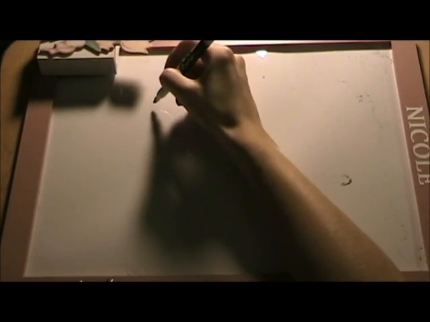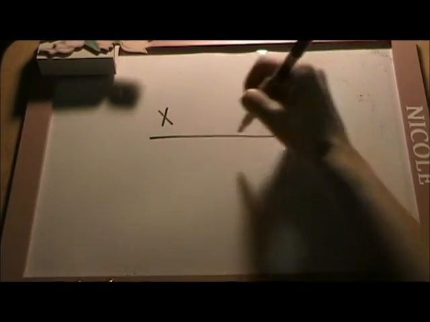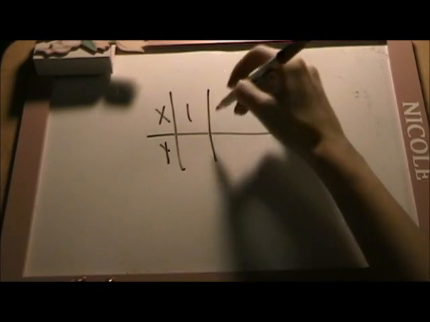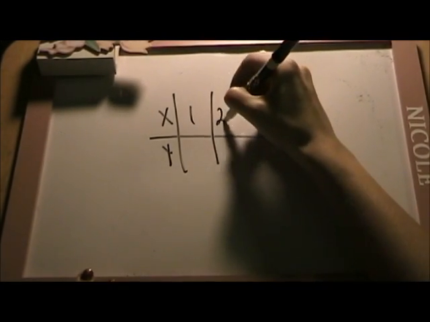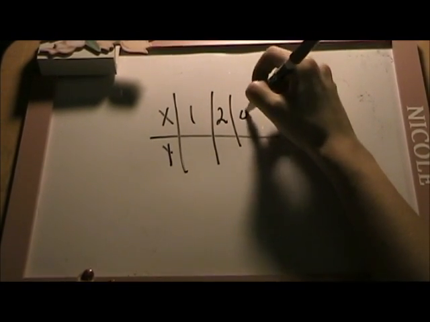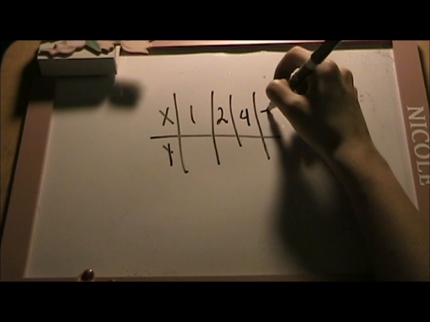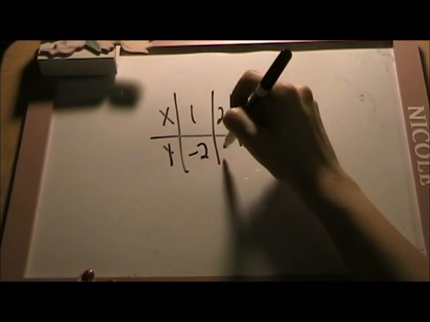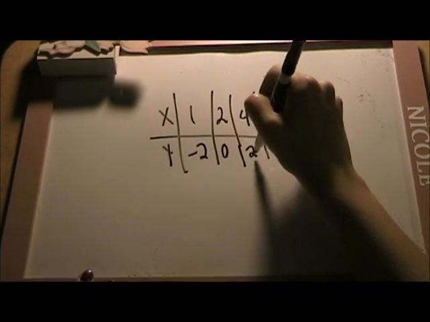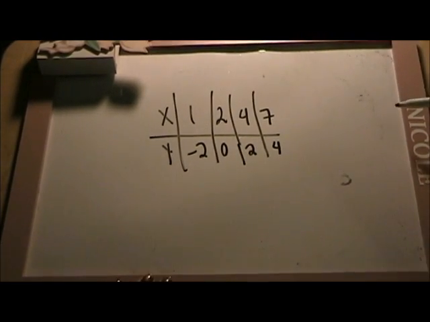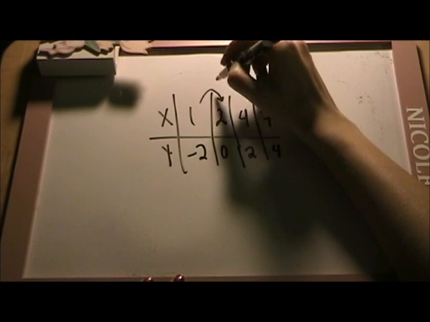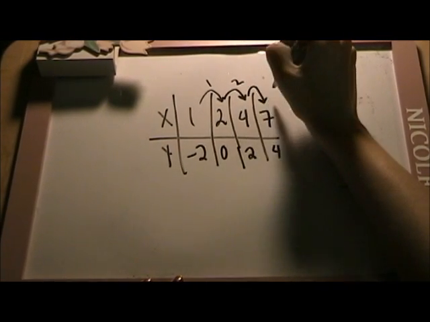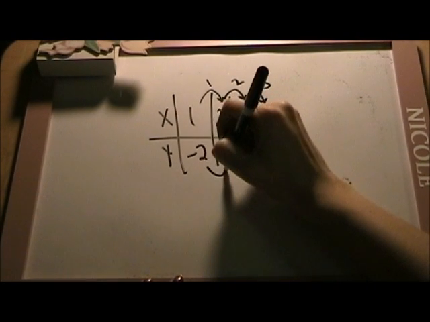If I give you these values, 1, 2, 4, 7, -2, 0, 2, 4. Change from 1 to 2 is 1. From 2 to 4, 2. 4 to 7, 3.